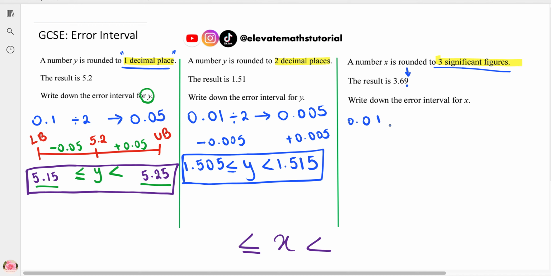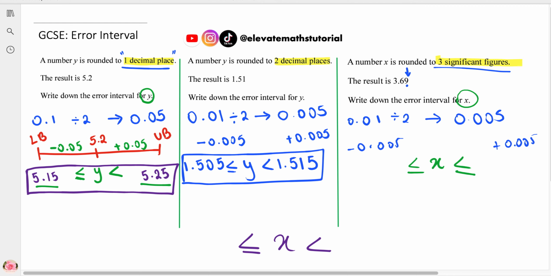Okay, second decimal place, we half it. And that's going to be 0.005. It's the same as what you had before. So you need to minus 0.005 and you need to add 0.005. Okay, your answer is in the middle. So that's going to be, they're calling it x. Whatever they call it, you keep that term as it is.